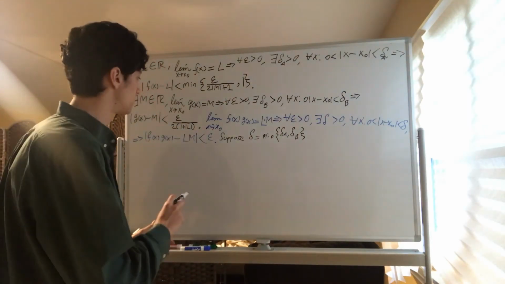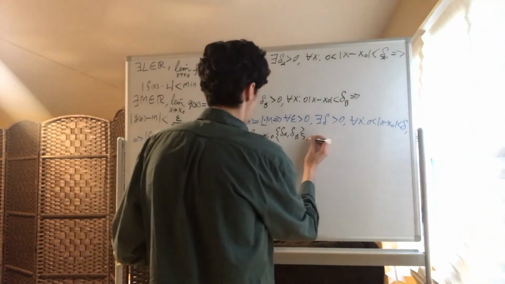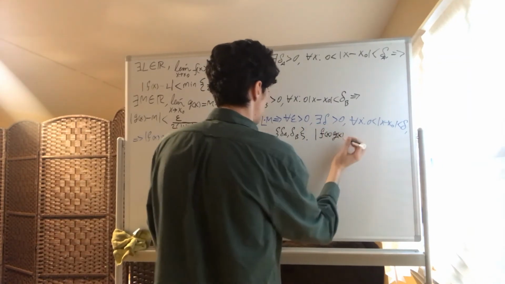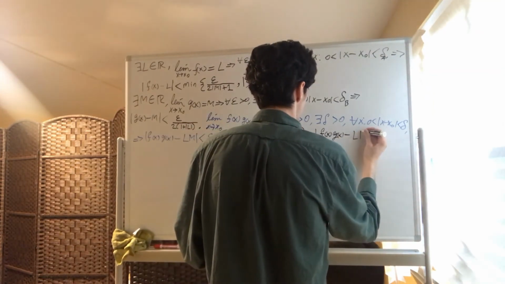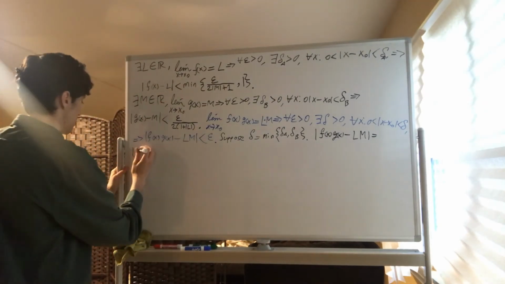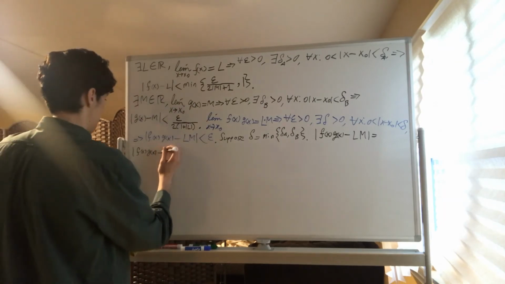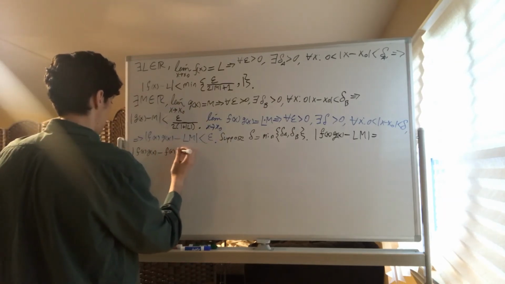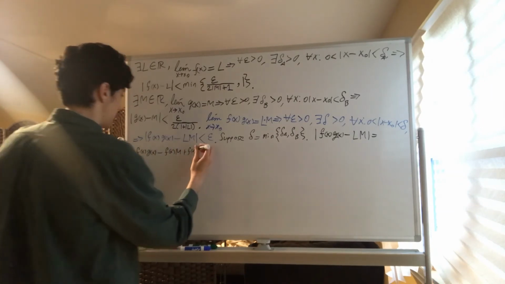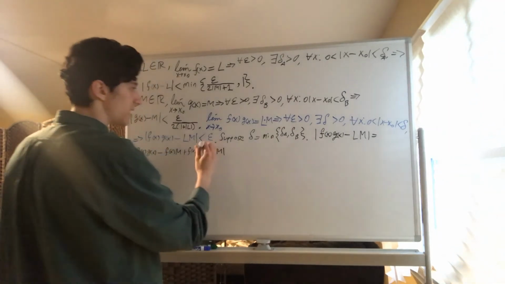So again, we start with this term. So we have the distance between our function, which is our product, so f(x) times g(x) minus L times m, is equal to the following. We have f(x) times g(x) minus f(x) times m plus f(x) times m minus L times m, right?